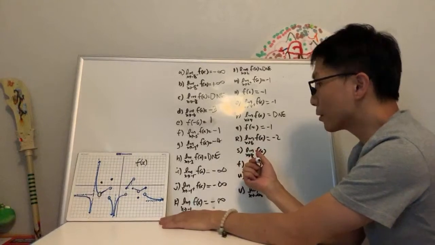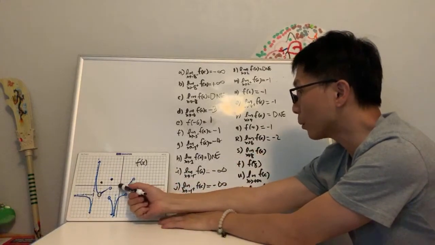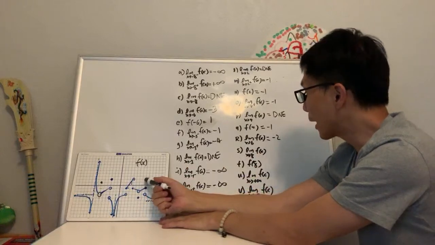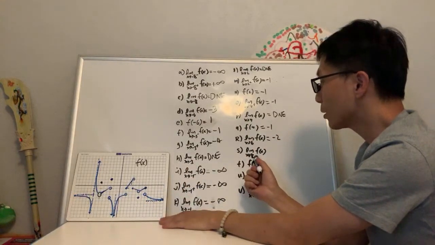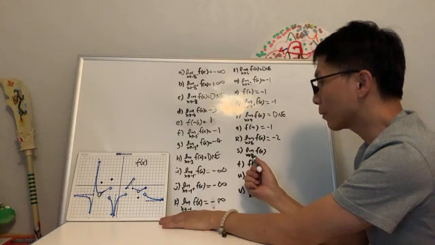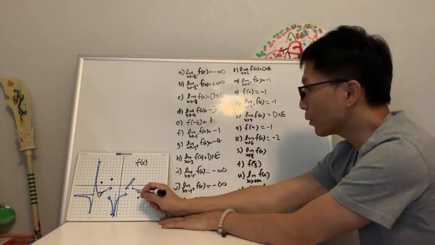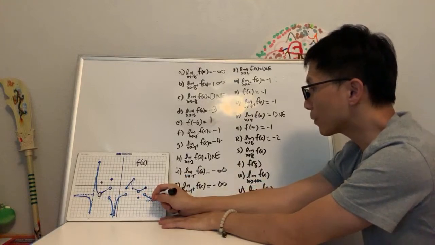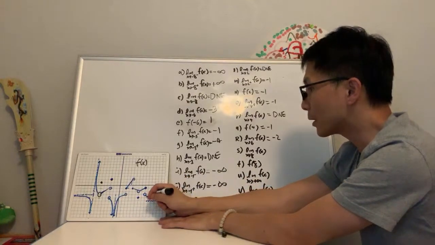Limit as x approaches 8. So we're going to go 1, 2, 3, 4, 5, 6, 7, 8. Since it's only reaching 8, you have to check from both ends. If you reach from the left side, it's going to be -1. If you reach from the positive side, it's going to be -3.